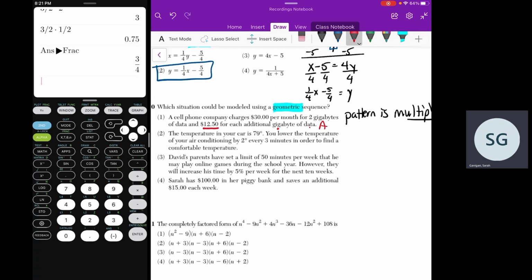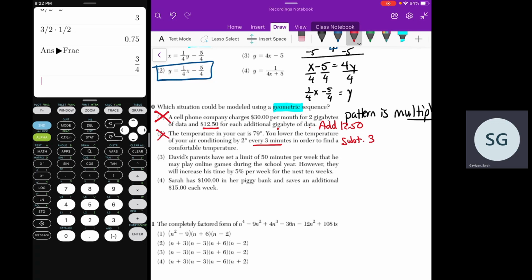So what they're doing here is they're adding on $12.50. That is not geometric, that'll be arithmetic. Temperature in your car is 75. You lower the temperature of your air conditioning by 2 degrees every 3 minutes in order to find a comfortable temperature. Here, you're subtracting 3. That's also arithmetic. You're adding a negative.